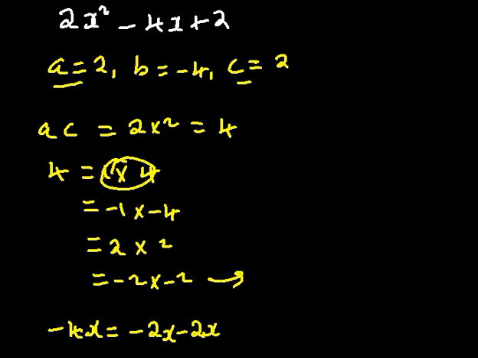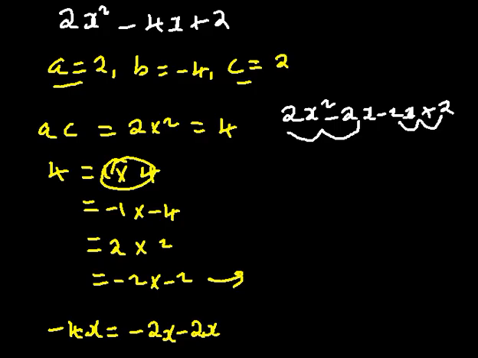Now for that case, we'll have 2x squared minus 2x minus 2x plus 2. We pair up and group these terms. What is the common factor there? We have 2x. The 2x into 2x squared gives x, and then minus 1.